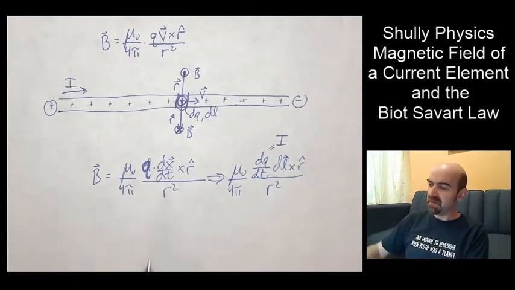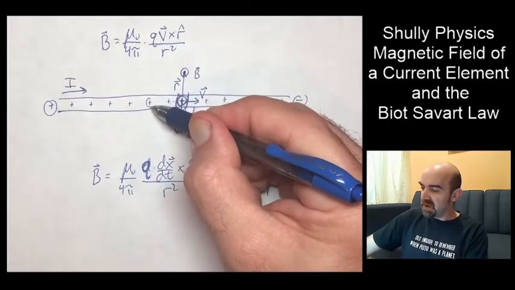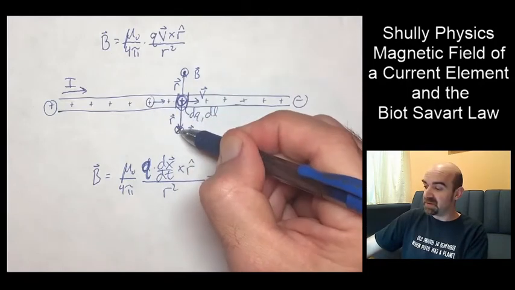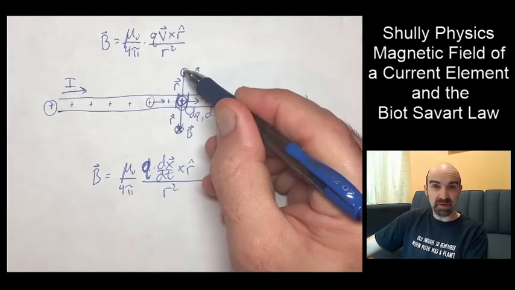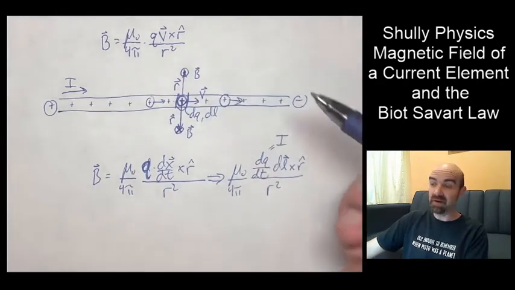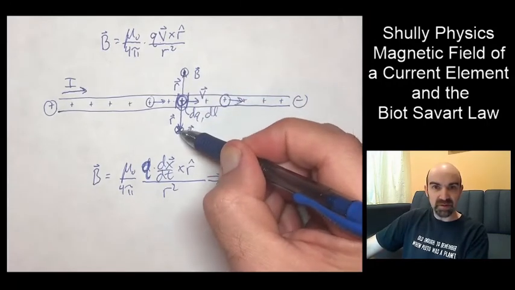Now, if you look along this length of the wire, wouldn't a little positive charge that's moving here also create a magnetic field at this point, or at this point? Or what about the charge over here that's moving as well in this current? It would also create a magnetic field at this point and this point.